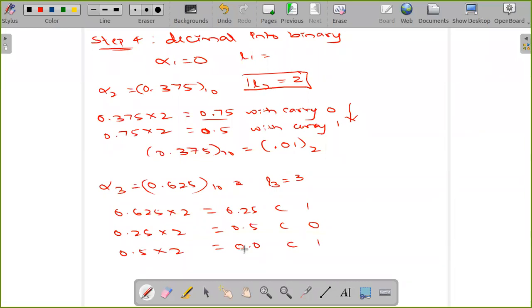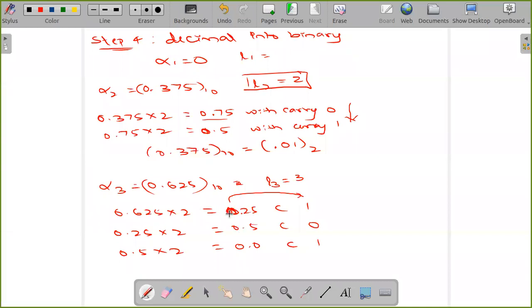Sir, the first value is 1.25, not 0. Ah, yes, 1.25. Whenever 1.25 comes, this 1 should always be taken as carry. I cannot write it over here. Whatever is before the decimal point is called carry. If there is no value, it is nothing but 0.